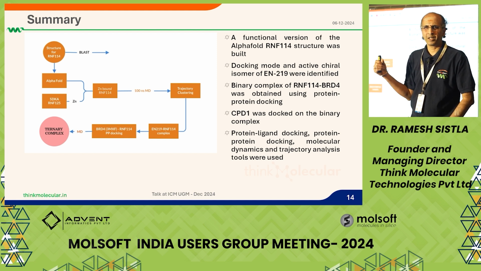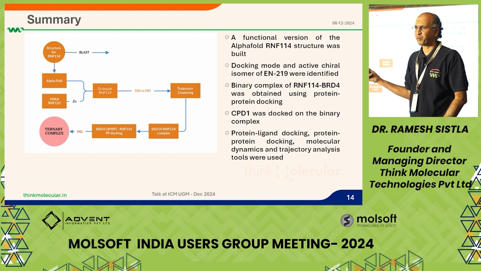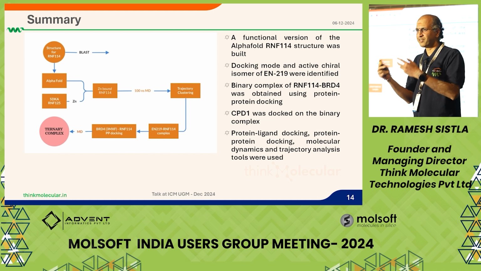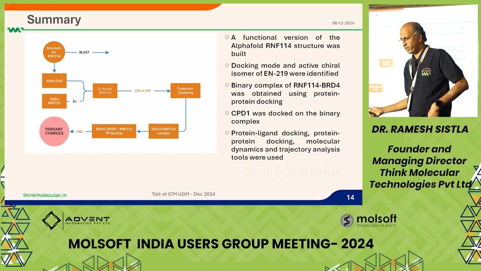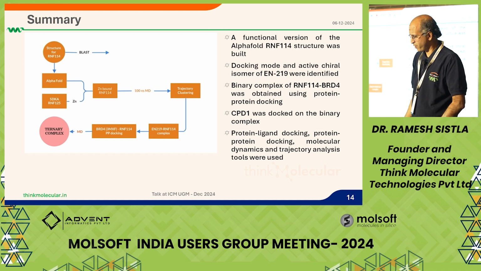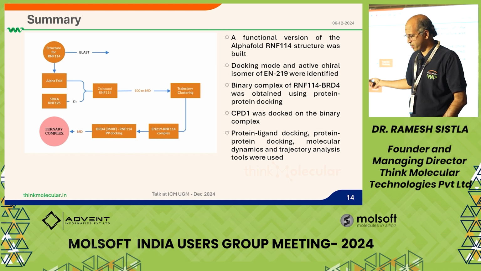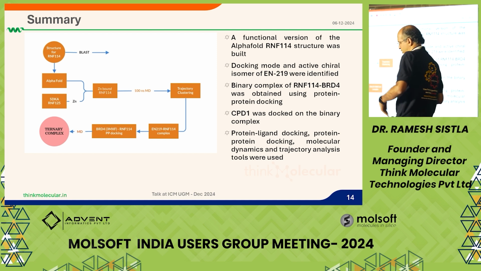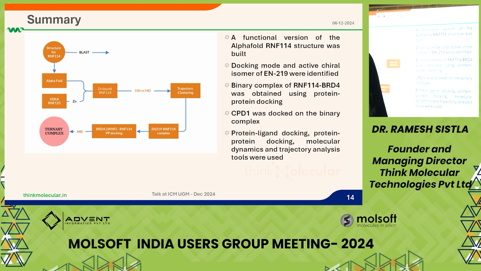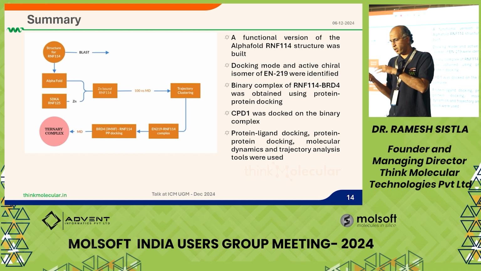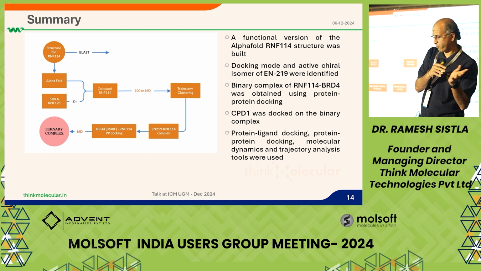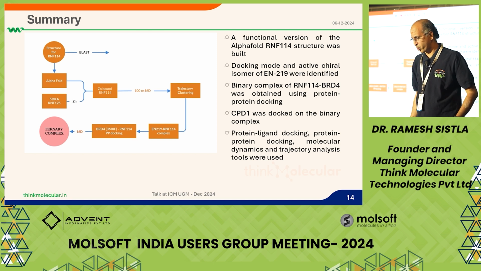This was the time when AlphaFold 2 and 3 were not there, so we did pure grafting to bring the zincs into the right places and then did our classical modeling. That's how we came up with the zinc-bound RNF114 structure, and we clustered the trajectory. Then we modeled the EN219 RNF114 complex onto BRD4, with protein-protein docking.